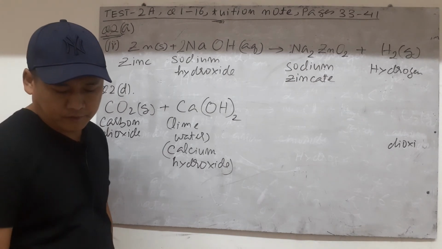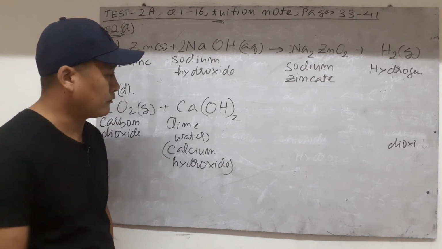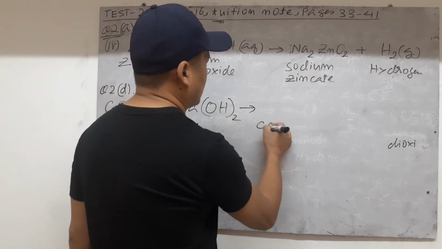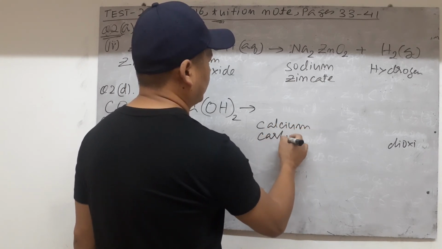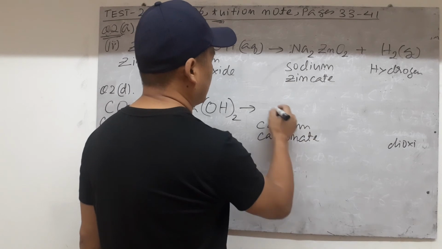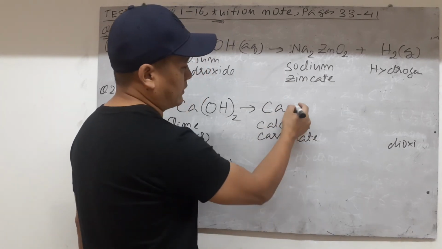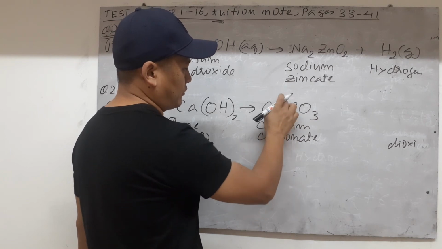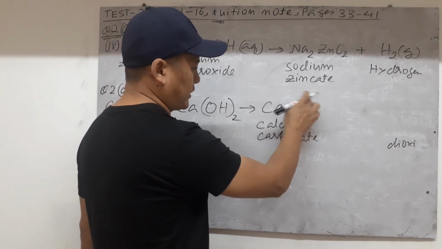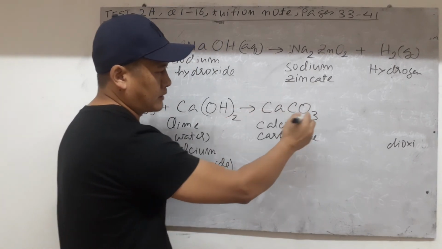Calcium hydroxide gives you calcium carbonate and water. So the products are calcium carbonate, calcium ion is Ca2 plus, carbonate ion is CO3 2 minus, so the 2s cancel. So that's it.